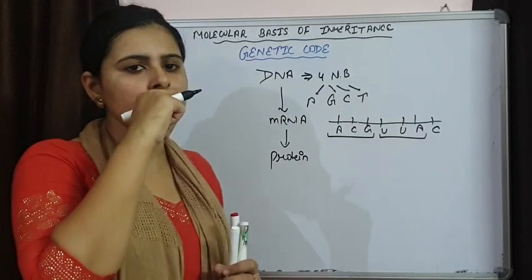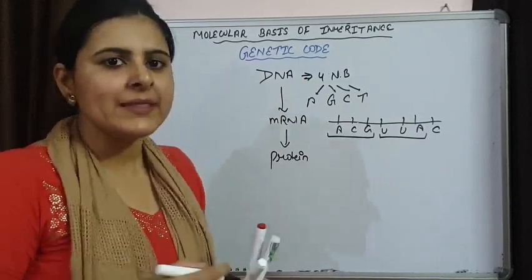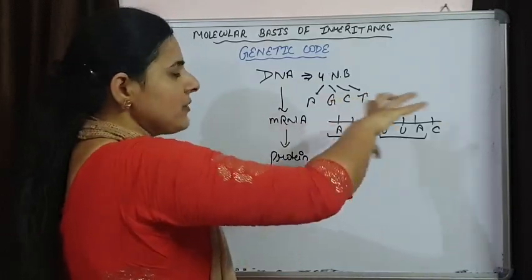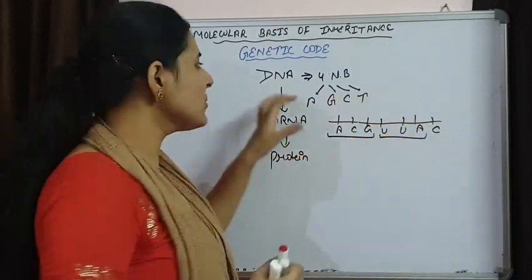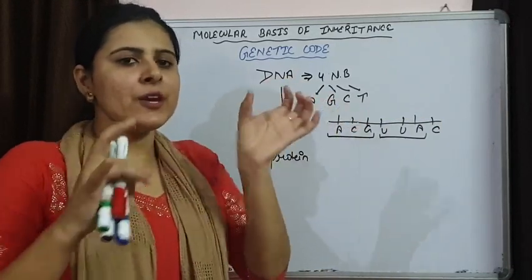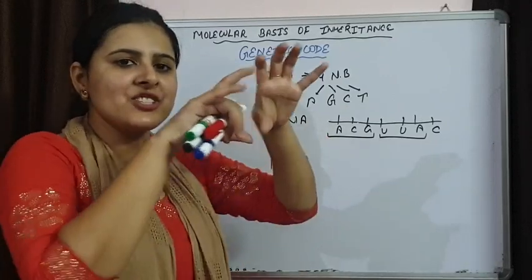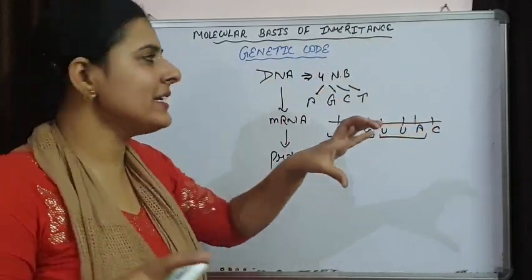We talked about this when we were discussing the process of translation. That means from the sequence of nitrogenous bases present on the DNA, each triplet behaves as a codon, and this is the genetic code that is present in DNA.